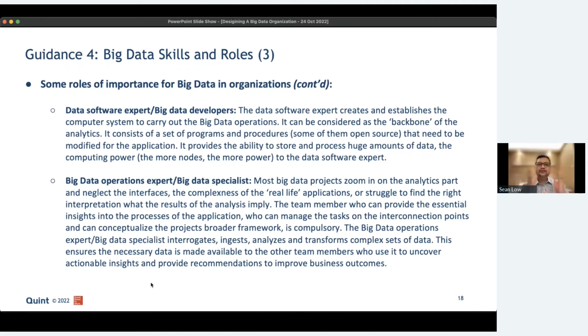So in this case, the software experts or the developers need to be able to understand which application will support the algorithms and the delivery of the value from the data, and how it will run on infrastructure. And of course, we have the big data operation expert. These are the people who will ensure that everything links together, right?